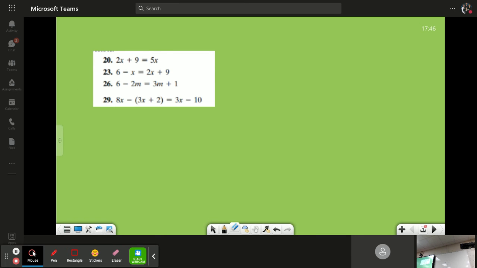solving equations. To start with, if I have 2x plus 9 equals 5x, what do we call that 2 and that 5? What's the number that sits with the variable?